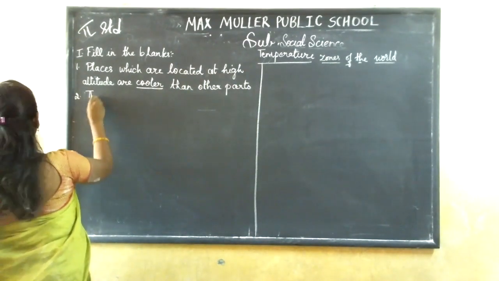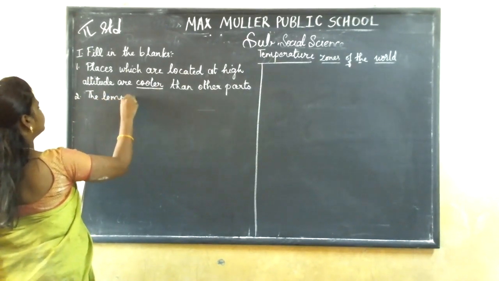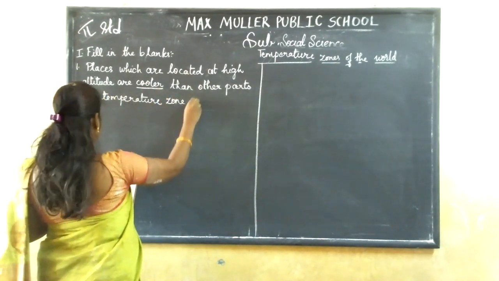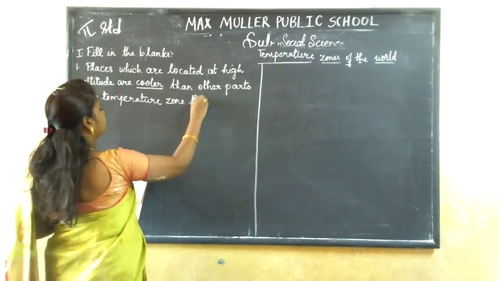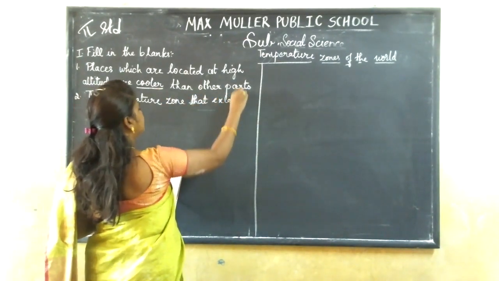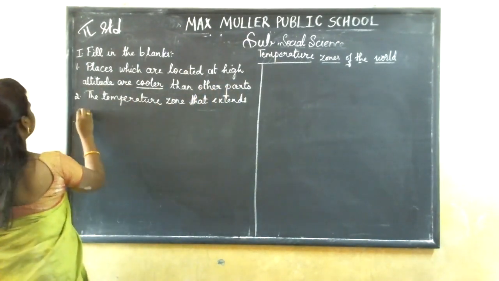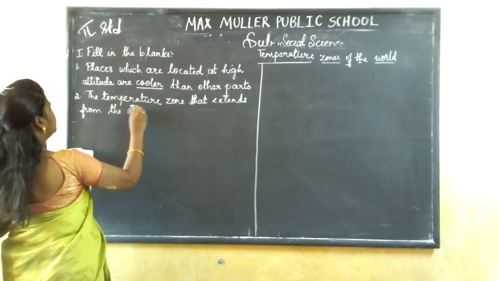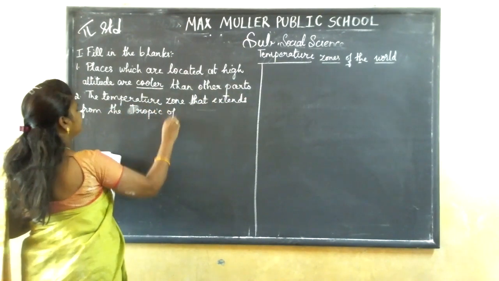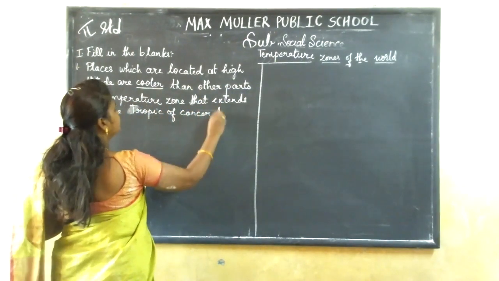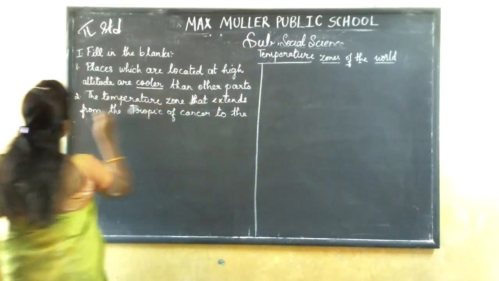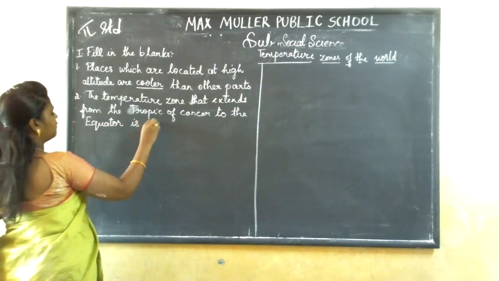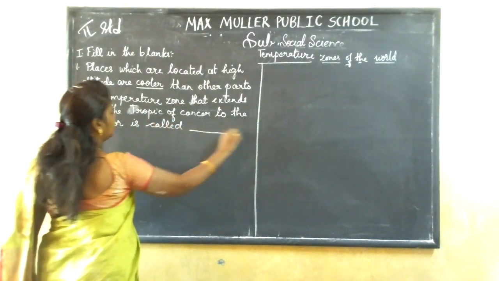The temperature zone that extends from the Tropic of Cancer to the equator is called, okay children.